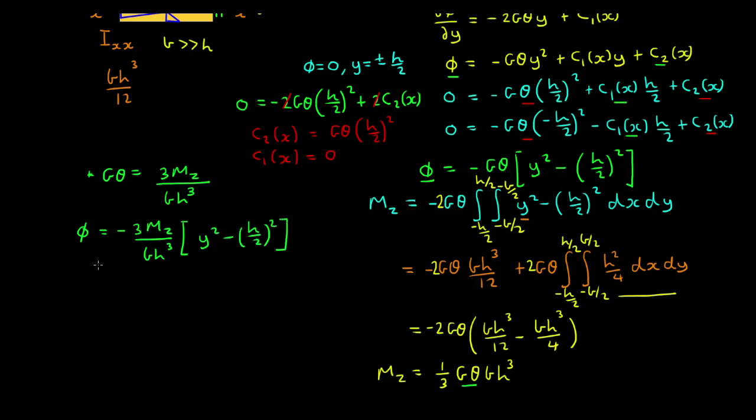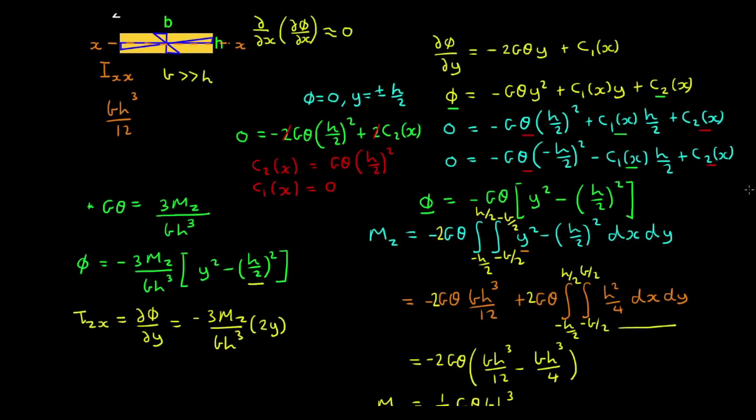And now if we differentiate our stress function, we get the shear stress on the z face in the horizontal direction, which is dφ/dy, which is minus 3 by Mz on bh cubed by 2y. And this second term drops out because it's constant.